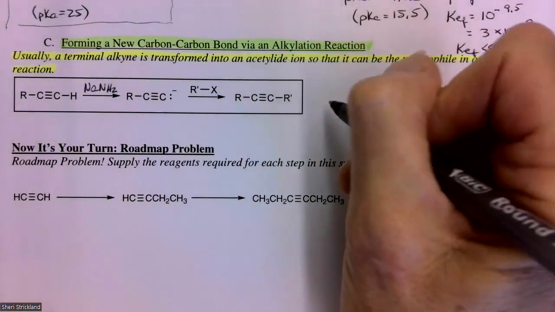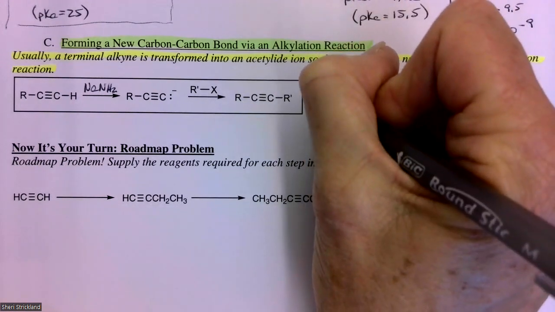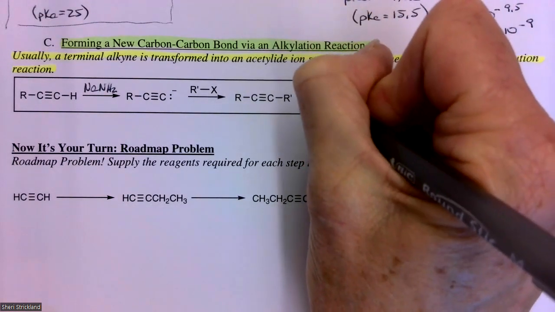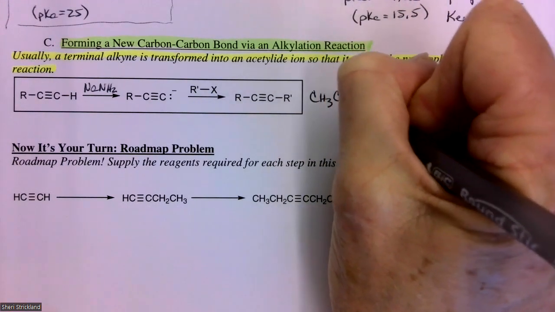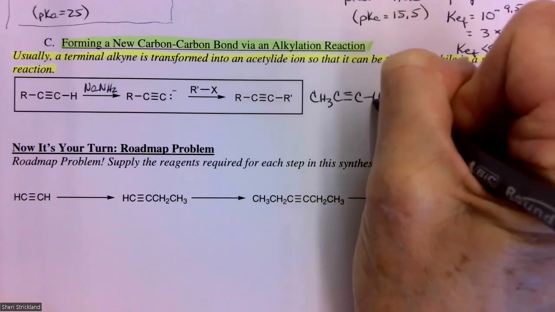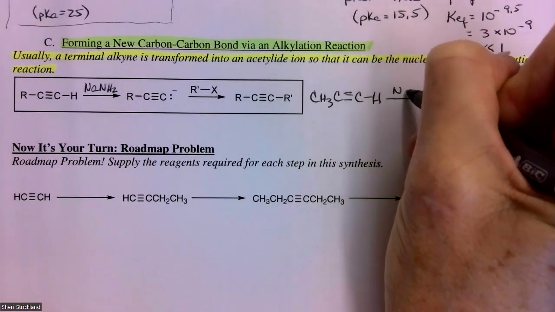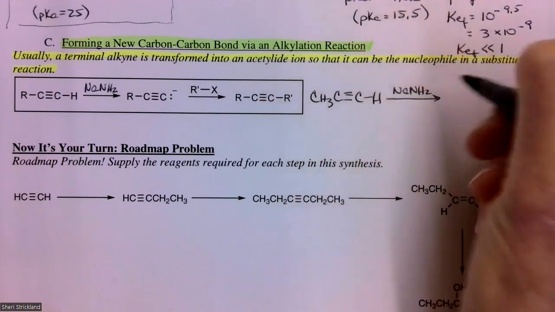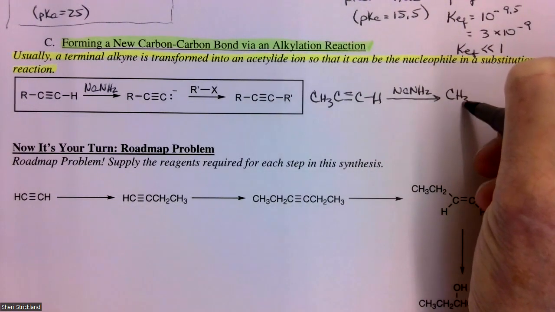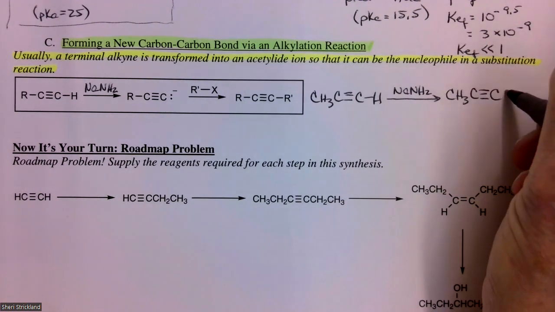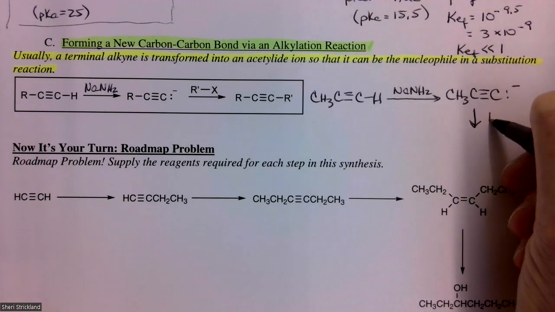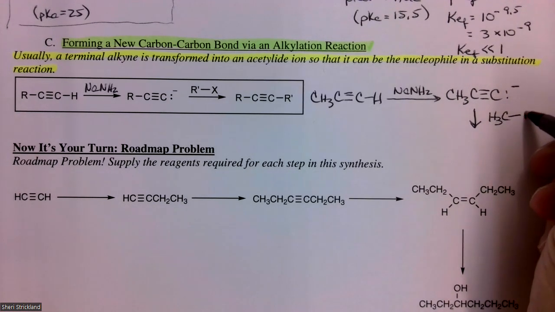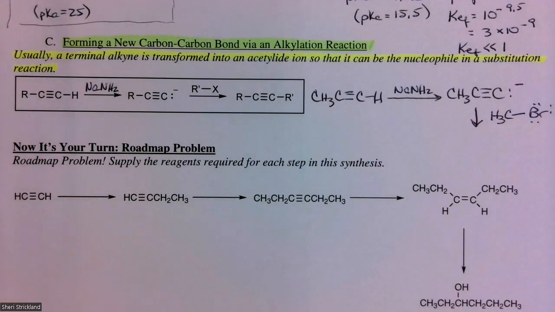And so if we did an example, we could do something like, let's just do this one. This would deprotonate this terminal alkyne, turn into that. And then if I had, like, say, bromomethane, which I'm going to draw like that, because I want to show you the electron movement.